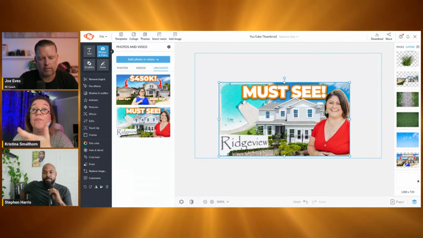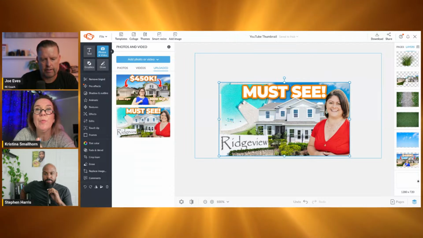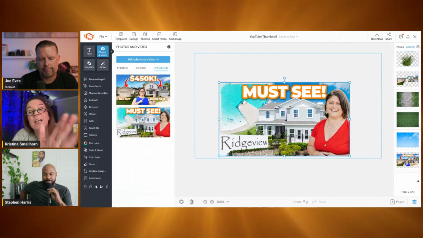So if it's confusing me and it took me that long, no one's going to sit there and stare at it that long to figure out what it is. The messaging in this specific neighborhood: if the hook is the community swimming pool, take a picture of the swimming pool and kids swimming in it and put Ridgeview. That's it. Take all that other stuff out. You don't need to have words on this.